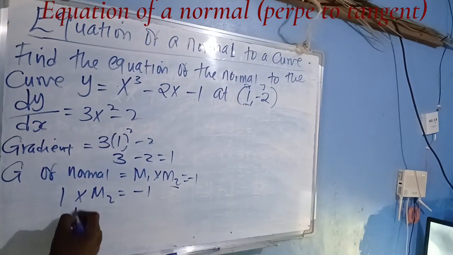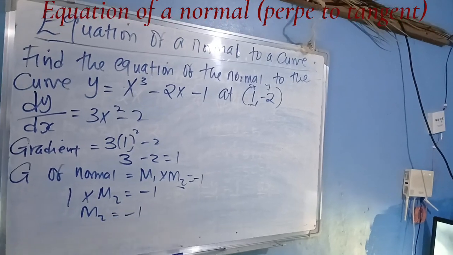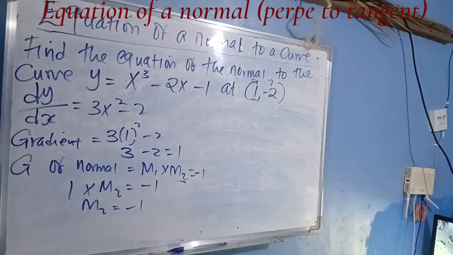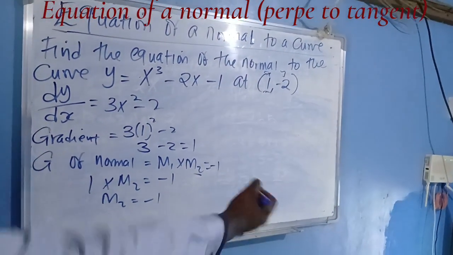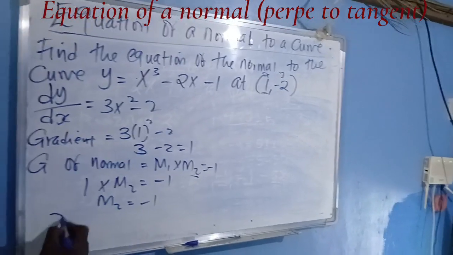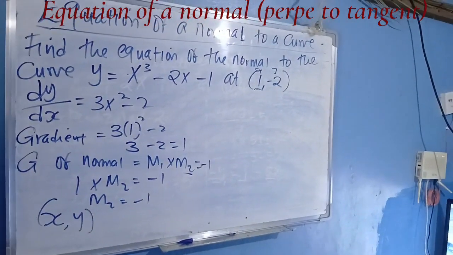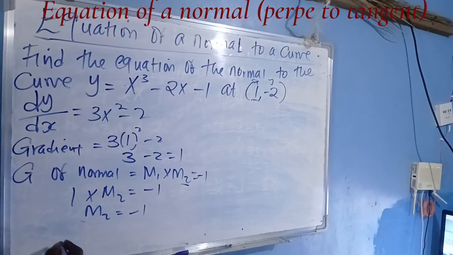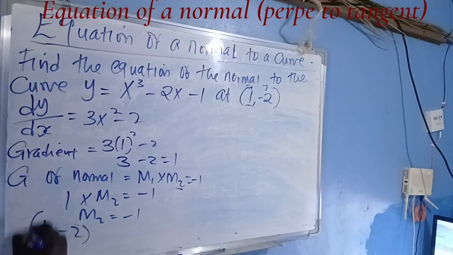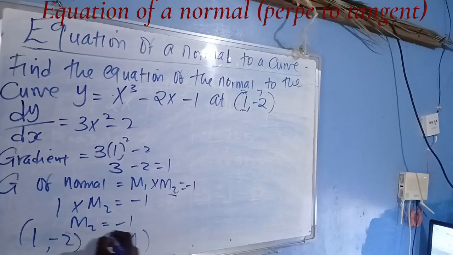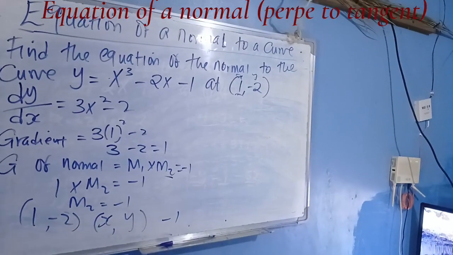So therefore m2 will be equal to -1. So the gradient of the normal will be -1. So the points will be x, y. Our point will be (1, -2), and the gradient is -1.